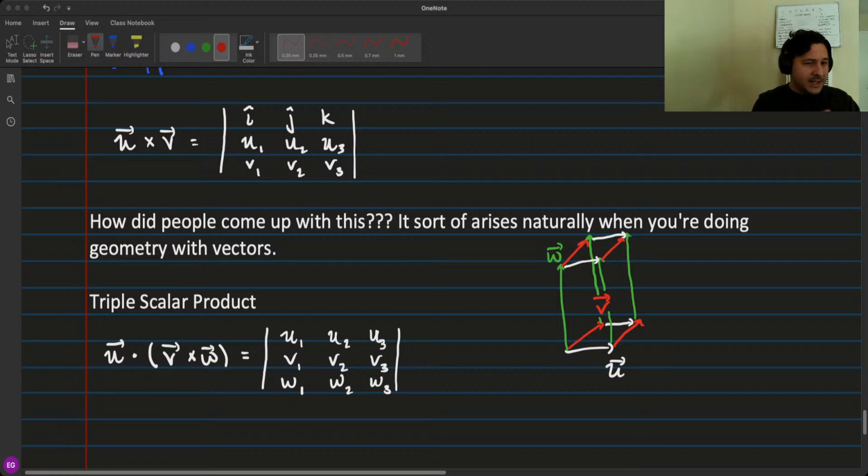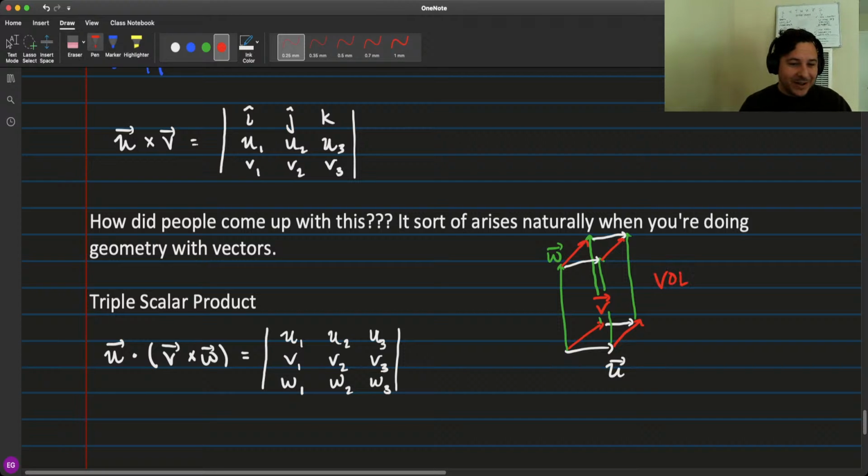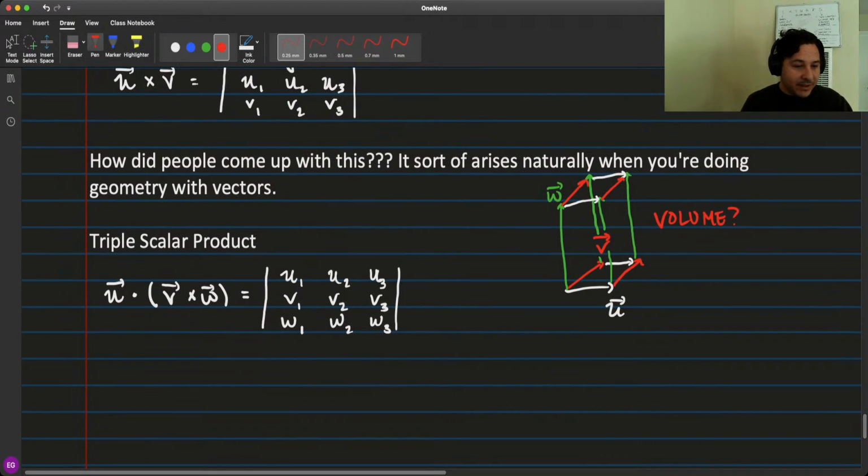Well, boxes don't have area. What do boxes have? Yeah, there you go. You were really close. So you might want to know what the volume is. Crazy thing. The volume of this box, which we call a parallelepiped.